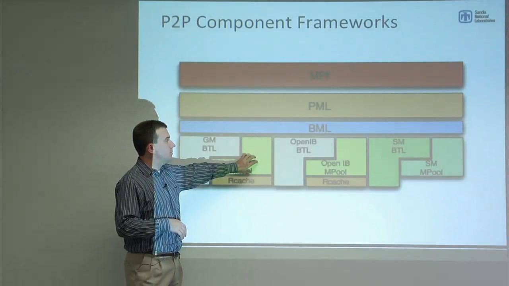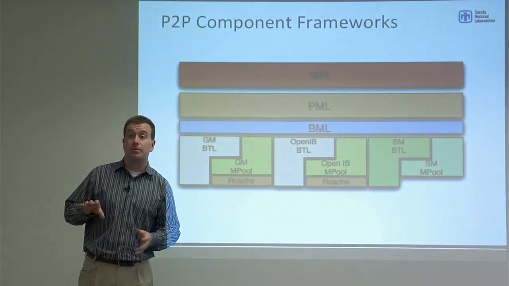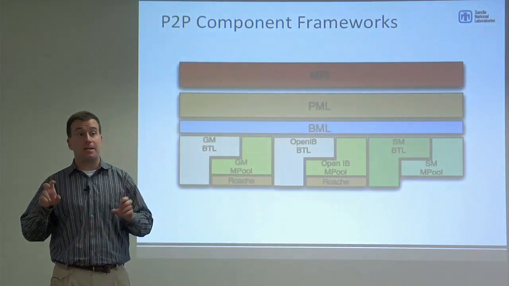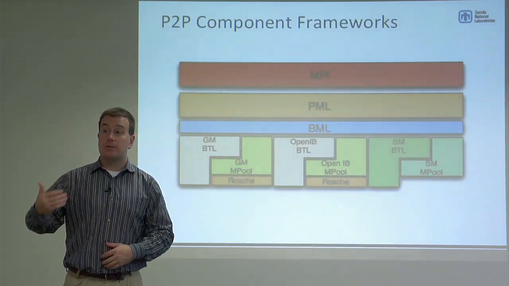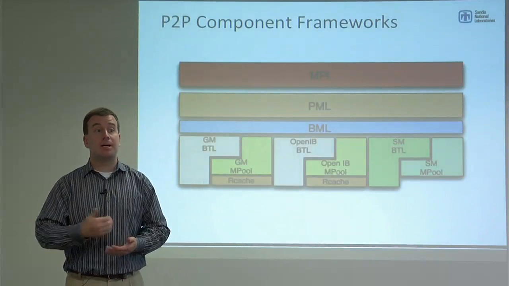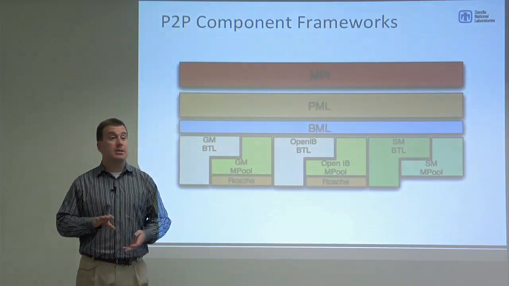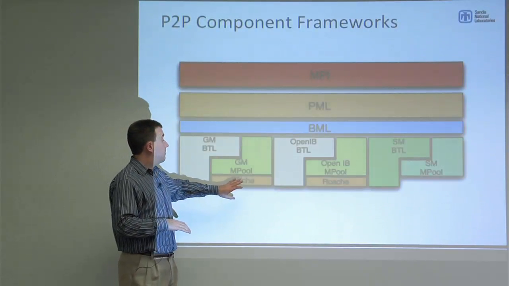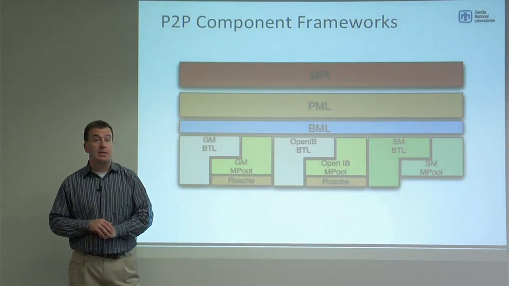And so the M pool is exactly what it sounds like. It's a pool of memory that's been registered, that's been set up for communication. So when you're sending a small message, you'll copy into memory out of the M pool and then send out of that. And we'll talk about some of the interfaces of that later. But that's kind of an important construct to a lot of the BTLs.